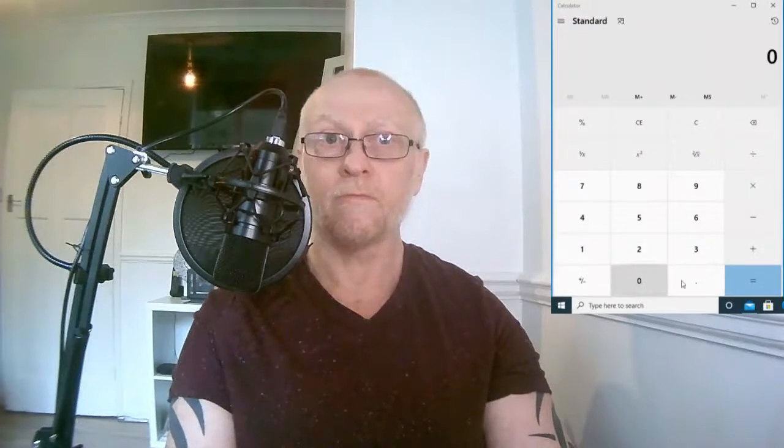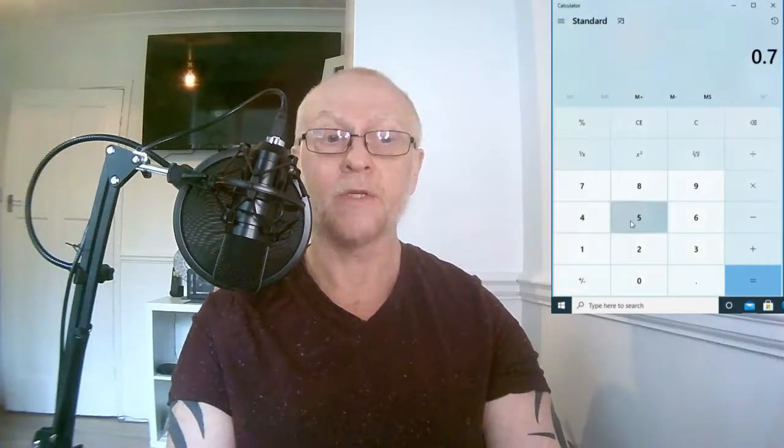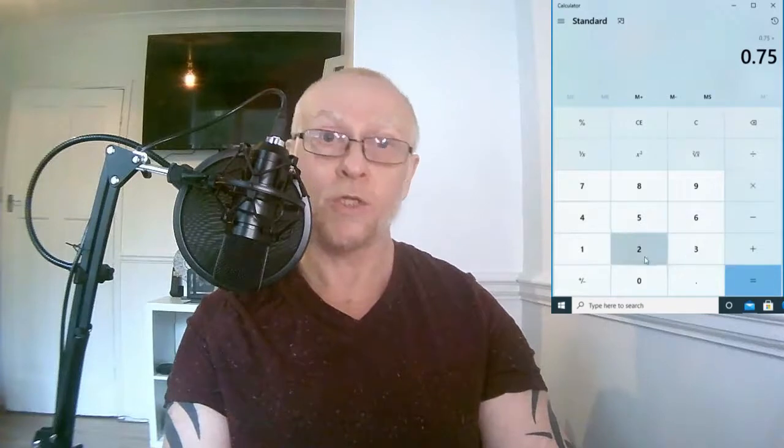So here we have an estimated TDEE of 3,000 calories. Let's work out protein. Okay, I'm choosing the lower figure, 0.75 grams per pound. Now we multiply that by the body weight, which is 200.